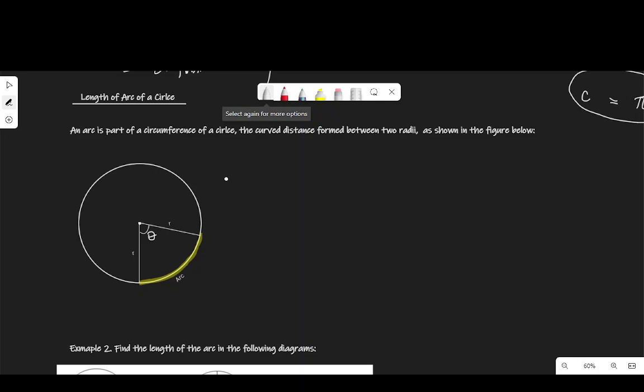So how can we get the length of this arc? This arc, of course, is a fraction of the whole circle. So we are going to calculate the length in relation to the circumference of the whole circle. So this angular distance here, which is theta, divided by the total angle in a circle, which is 360, times the circumference of a circle, 2 pi r, will give you the length of this arc.